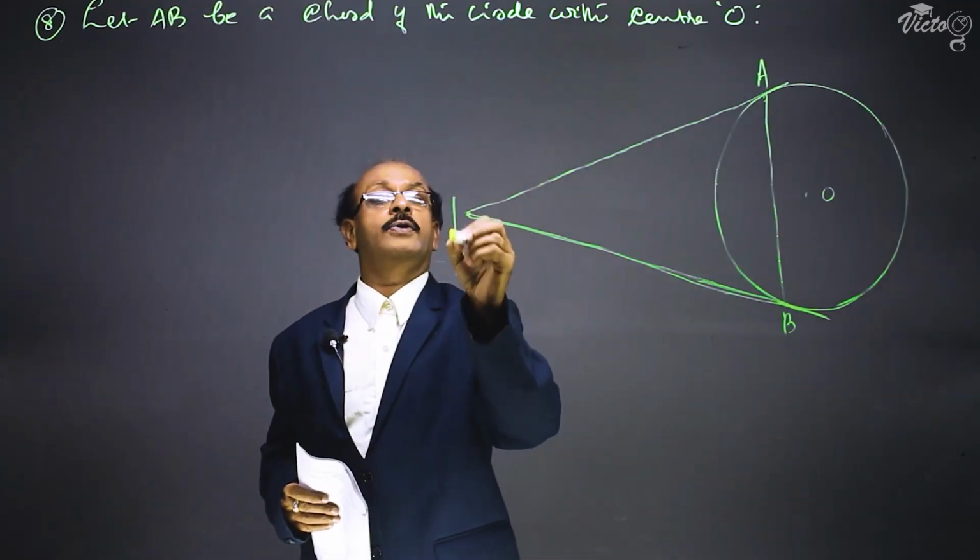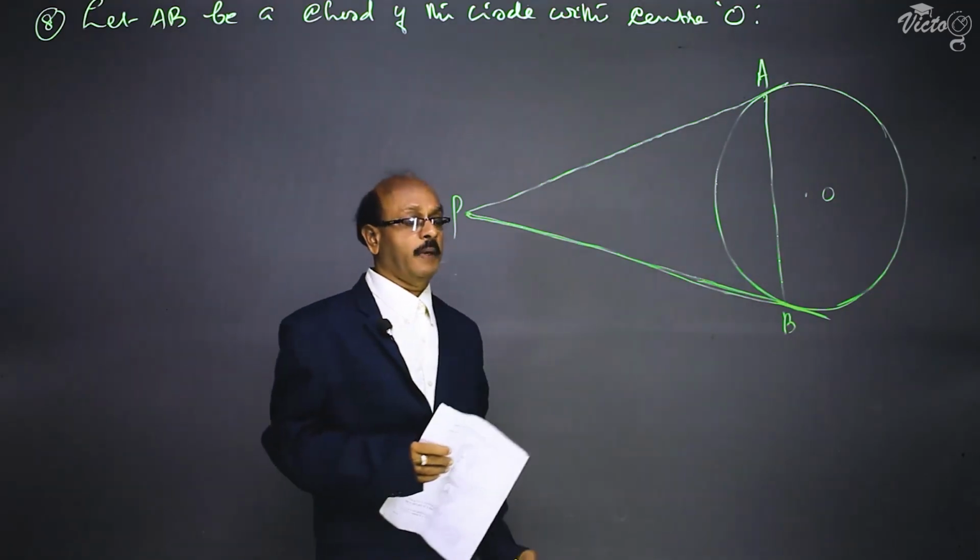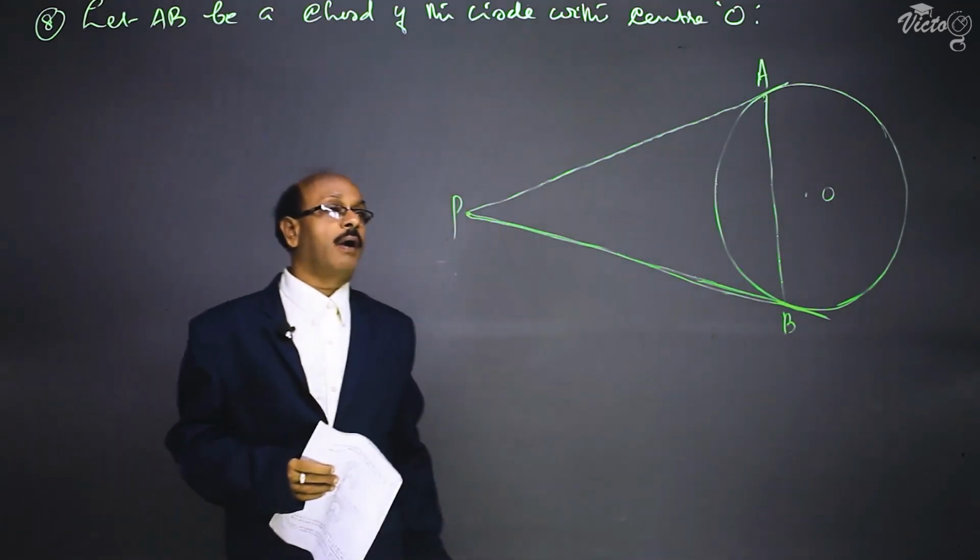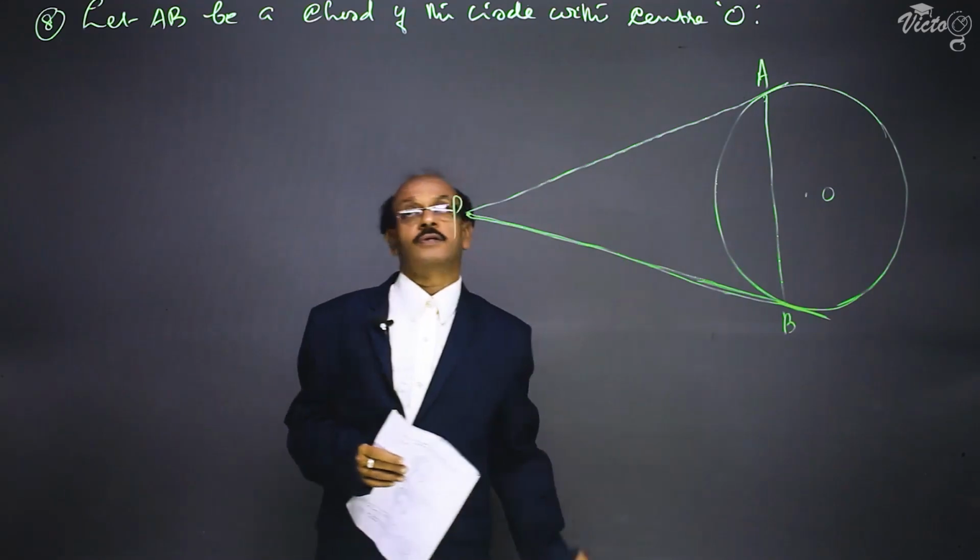Let us mark this point to be P. Let PA and PB are the two tangents drawn at the endpoints A and B.